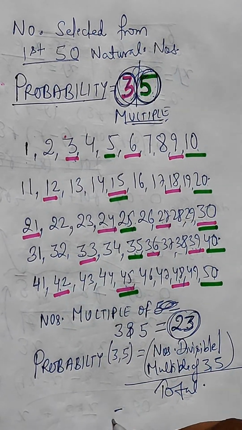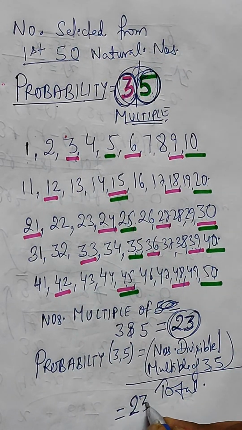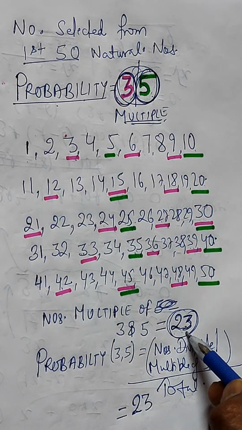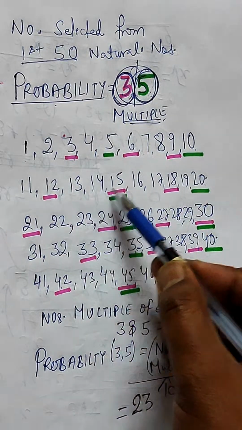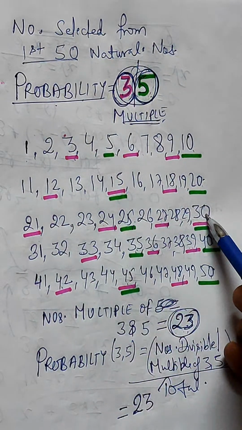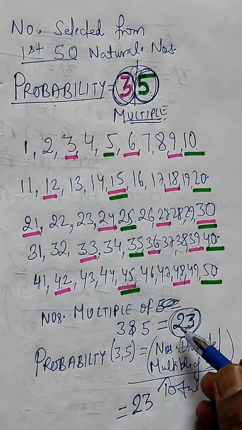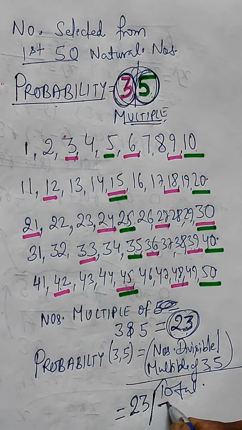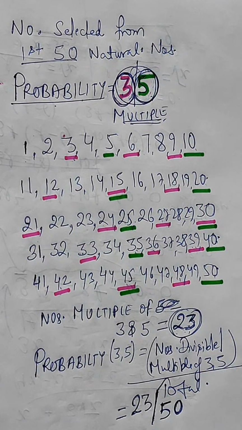So it will be 23, because this is the favorable count which you have. There are 23 such numbers which I have highlighted over here. All these 23 numbers are divisible by either 3 or 5. So this will give you 23 by 50, which is your answer.